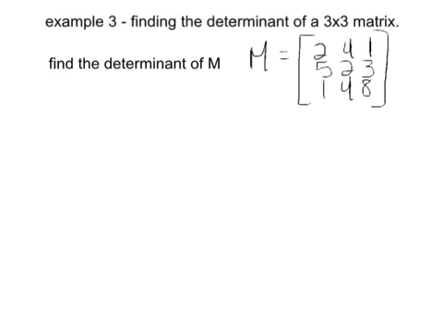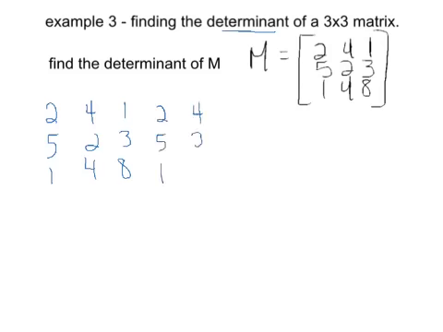Example 3, we're just going to find the determinant of a 3x3 matrix. So I've got the first column, the second column, try to keep everything as neat as possible, third column, and then I'm going to take that first column, write it again, and that second column and write it again.